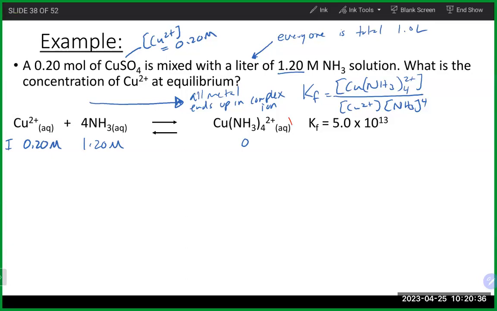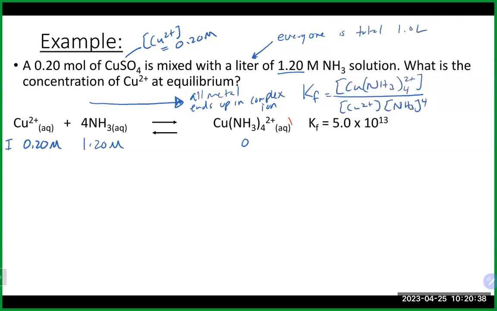The change should be the amount of copper, so we're going to do minus 0.2. We're going to do minus, we still need to take the coefficient. So this would be like minus 4x, but this is going to be minus 4 times 0.2 since we already know what x is going to be. And this will be plus 0.2.